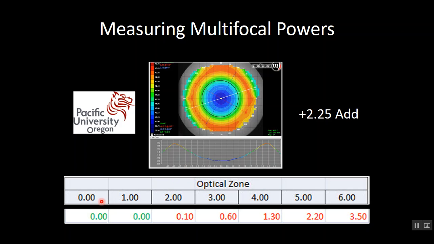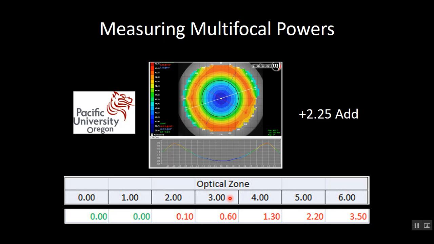And if we look at the topography in the center at 0 distance, that would be 0 add coming through. If we go to 1 millimeter diameter pupil, there would still be 0 add. If we went to a 2 millimeter pupil, a very, very small pupil, even in an advanced presbyope, we're only getting about 0.1 diopters of add.